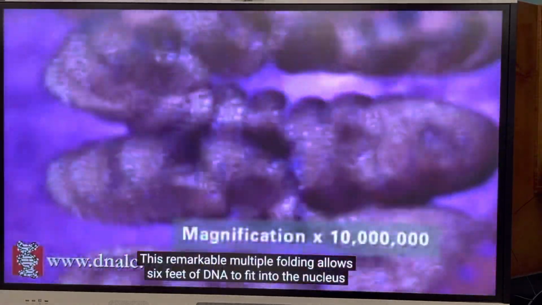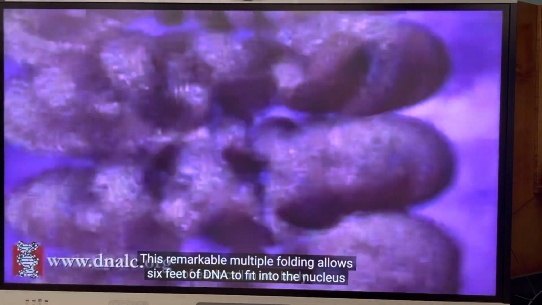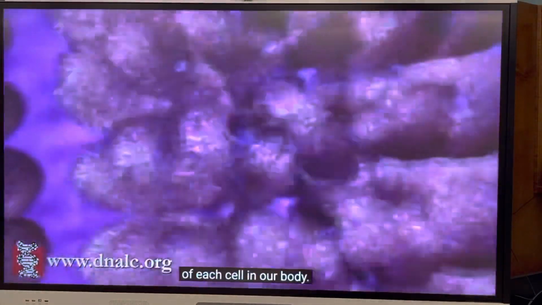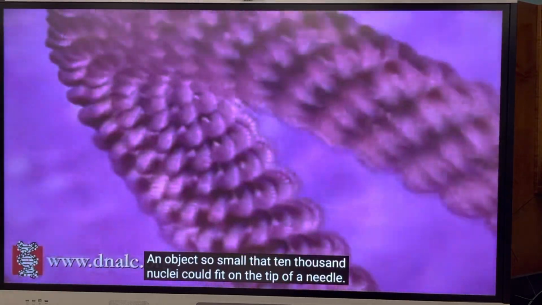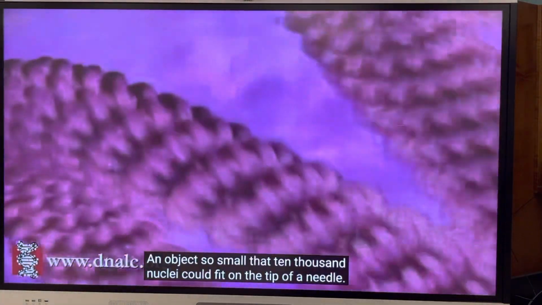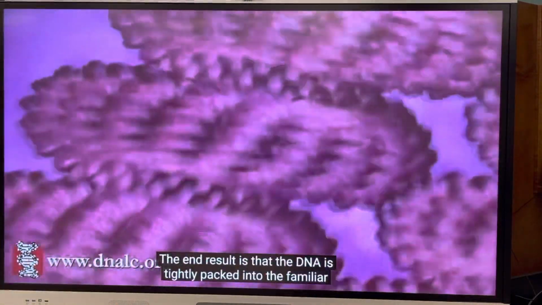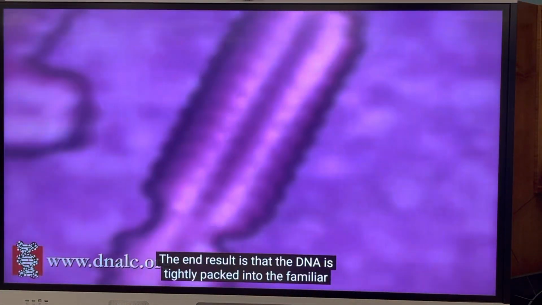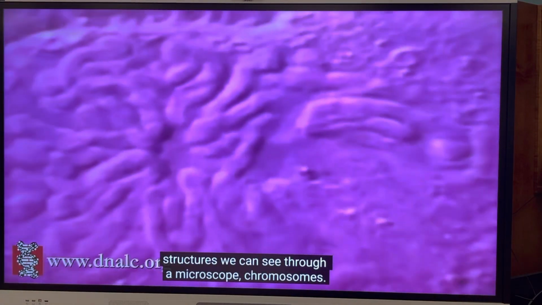This remarkable multiple folding allows 6 feet of DNA to fit into the nucleus of each cell in our body, an object so small that 10,000 nuclei could fit on the tip of a needle. The end result is that the DNA is tightly packed into the familiar structures we can see through a microscope, chromosomes.